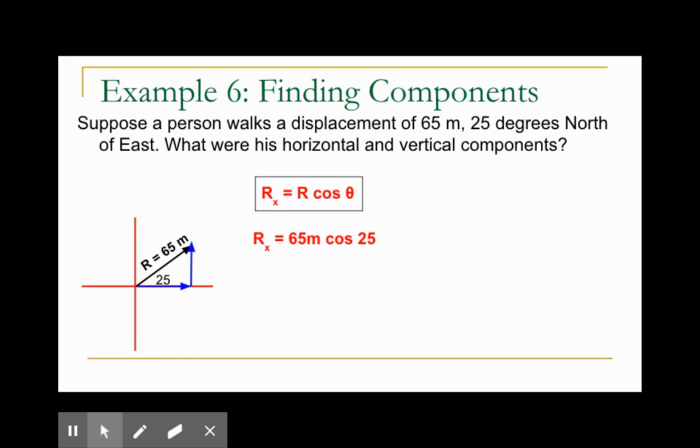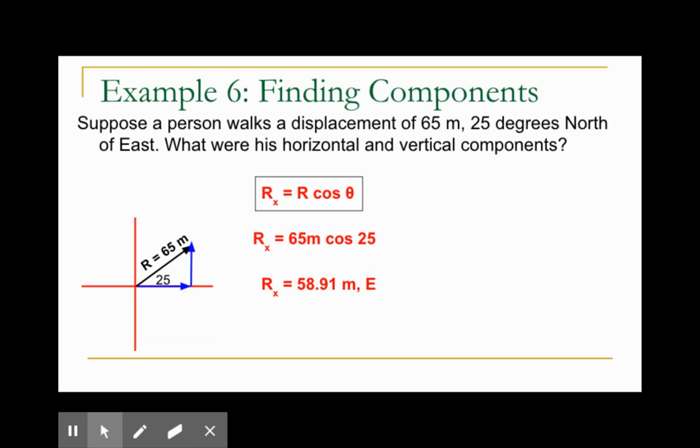If your calculator is not in degree mode, you will get the wrong answer. On a TI 84 or 86, you go to mode, you'll see radian and degree, and you want to make sure degree is selected. You'll do cosine of 25 times 65, and we should get 58.91 meters.